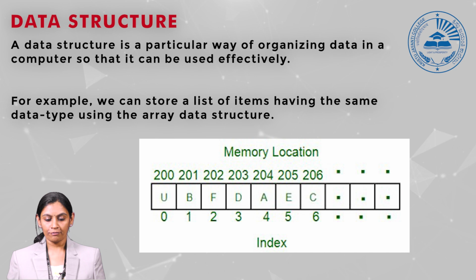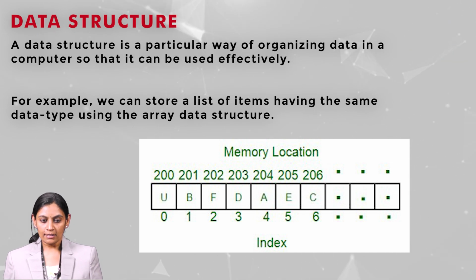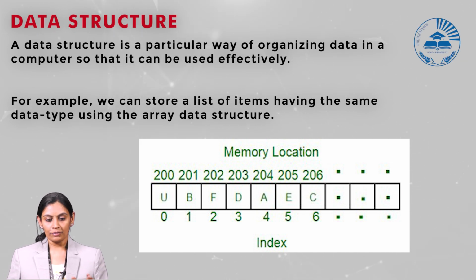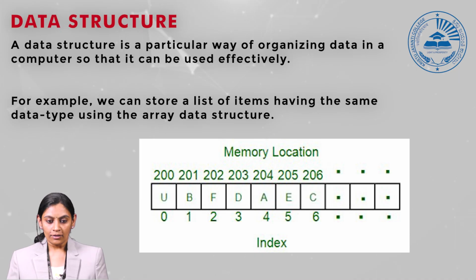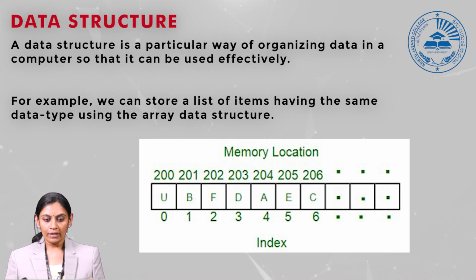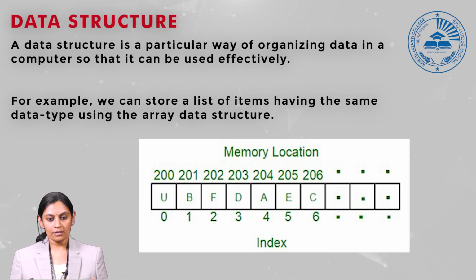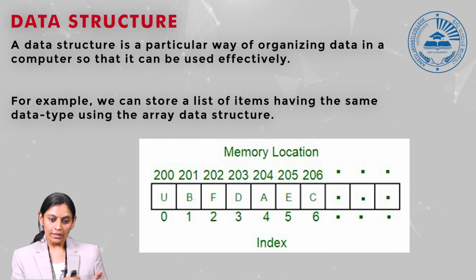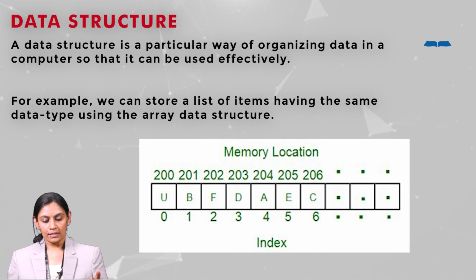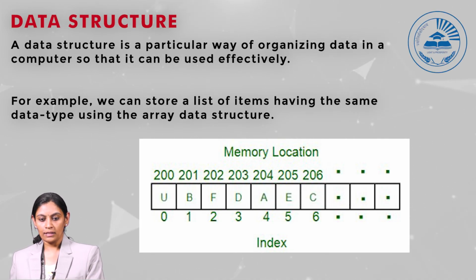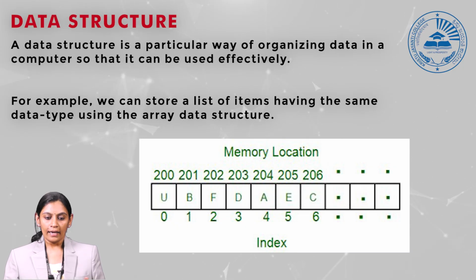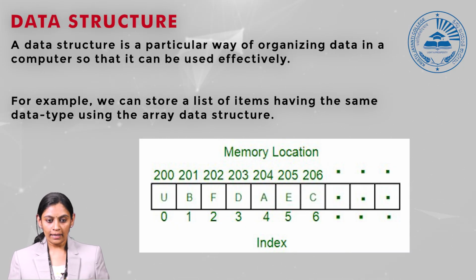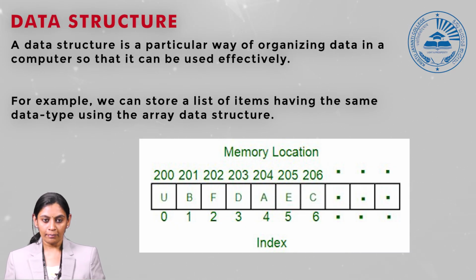I hope you are familiar with the array concept. We call it a data structure where you can store elements of the same type. Here it is a character array, with index 0, 1, 2, 3, 4 and so on, and a few characters stored in the array, with the memory locations mentioned above.